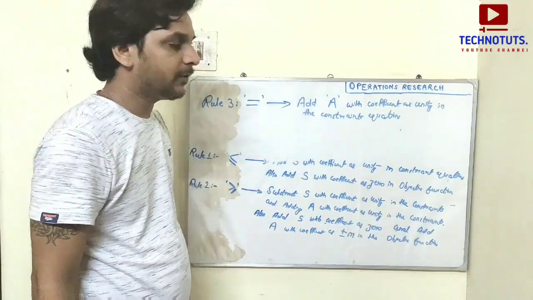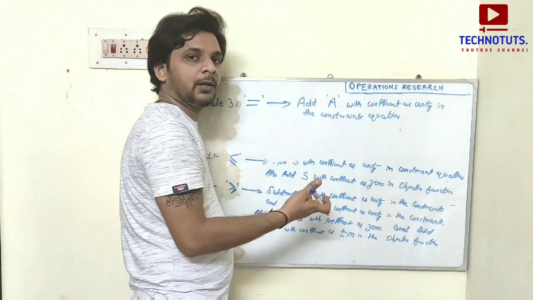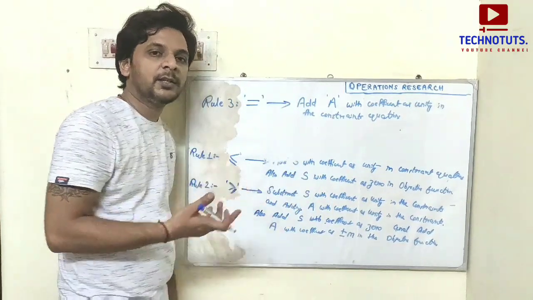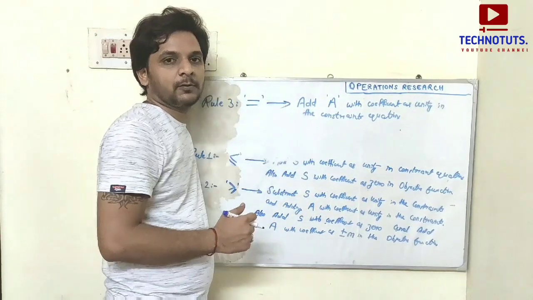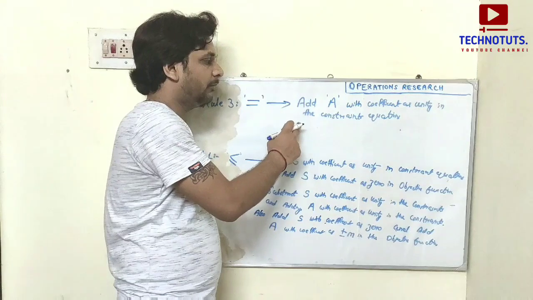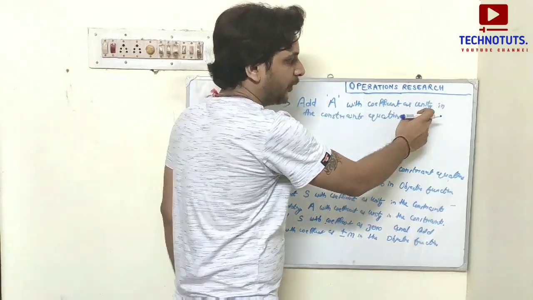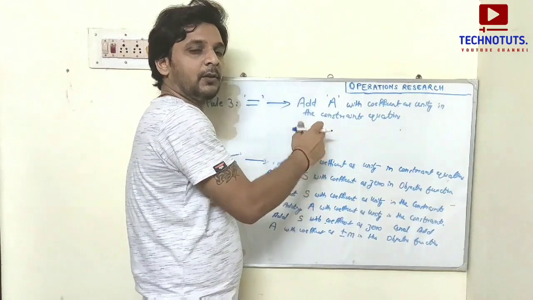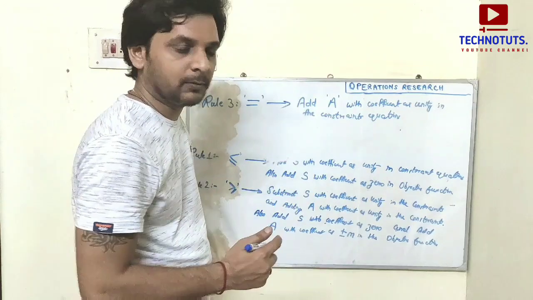Okay, students? Now when we add or subtract any variable in the constraint equation, we will also add that particular variable in the objective function also. So here we have added an artificial variable a with its coefficient as unity in the constraint equation, so we will add this variable also in the objective function.